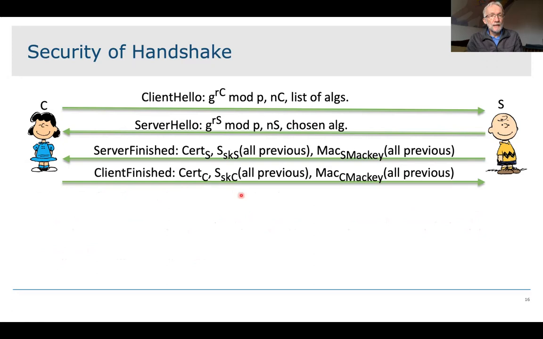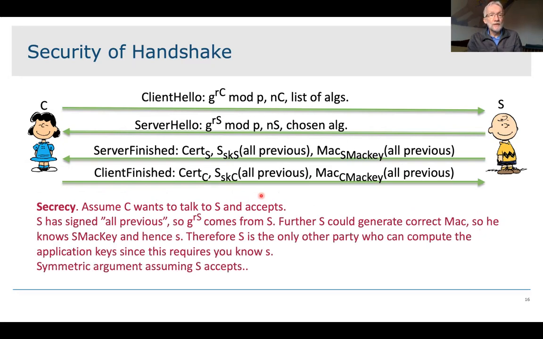Next property is secrecy. Again, seeing things from the client point of view, if he accepts, then we want to show that the server S must be the only other party who can compute the application keys that the client outputs. The reason for this is, first of all, again, the server has signed all previous messages here.